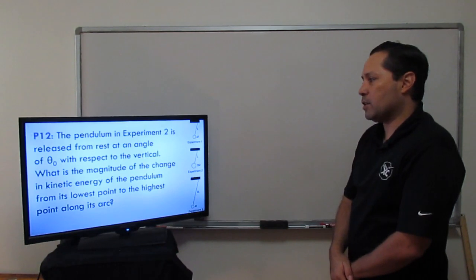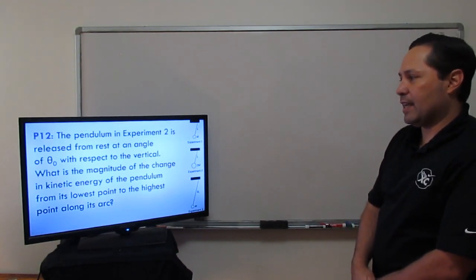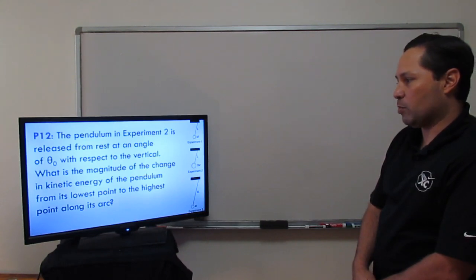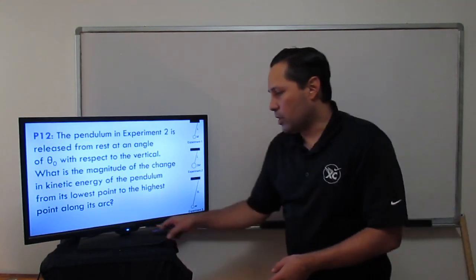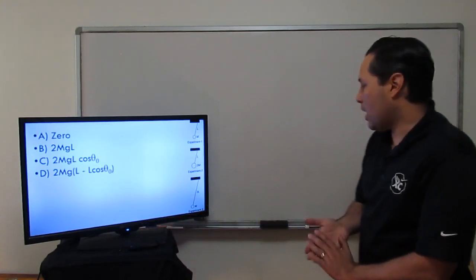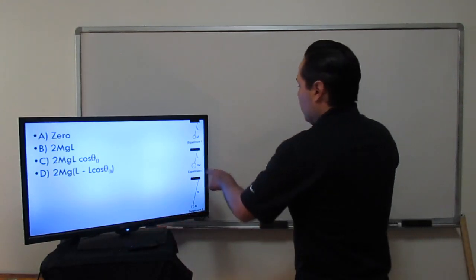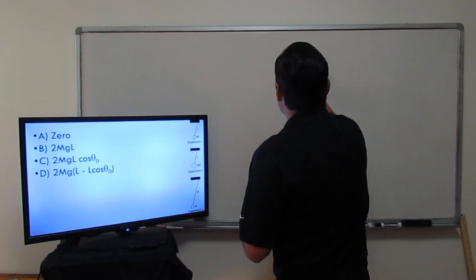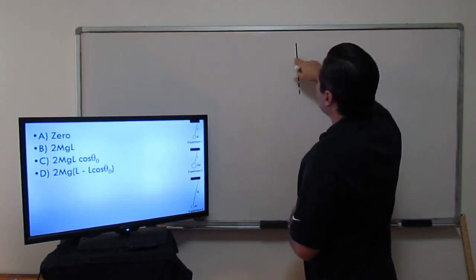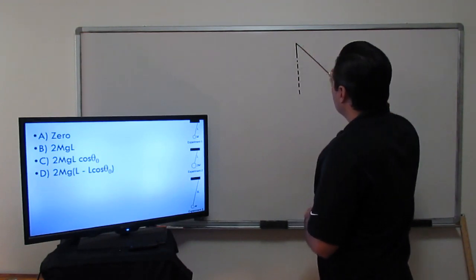What is the magnitude of the change in kinetic energy of the pendulum from its lowest point to the highest point in the arc? Alright, so let's take a look at that. So there's my equilibrium point. Here we go.